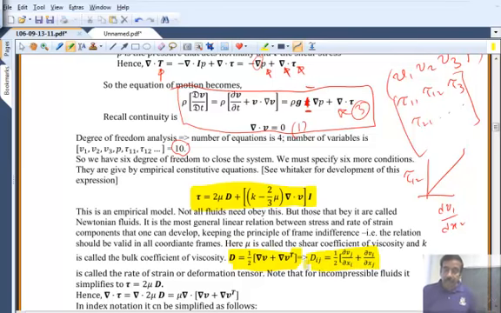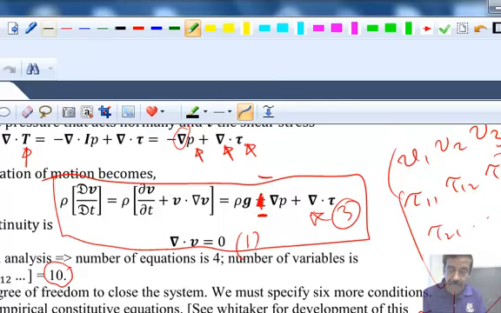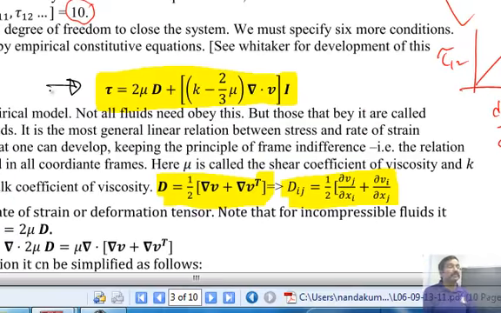Okay. Now, there is a fairly big theory in arriving at this particular form for the linear relationship, because if you think about it, we have 6 stress components and we have 6 velocity gradients. Okay?